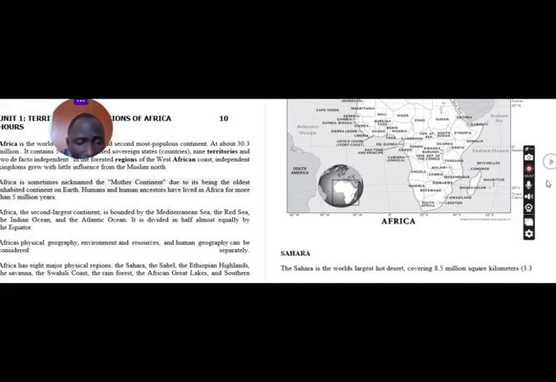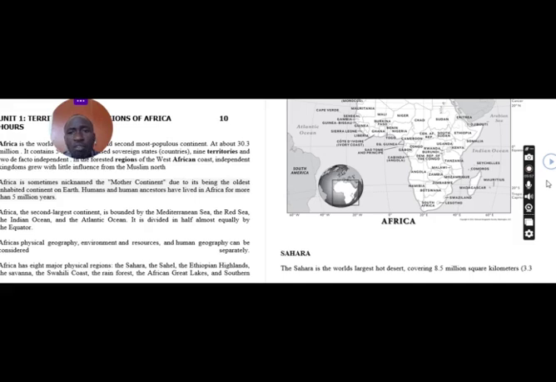We have the Sahara, the Sahel, the Ethiopian highlands, the savannah, the Swahili coast or the East African coast, the rainforest, that is the Congo basin, the African Great Lakes, talking about Lake Kenya and Lake Victoria, and then the Republic of South Africa and other South African territories.